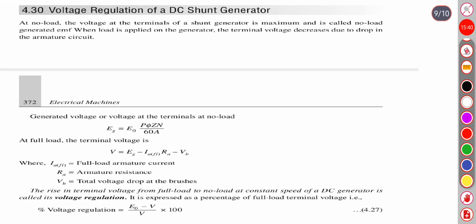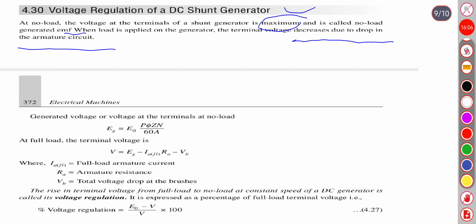Now we will see the voltage regulation of a DC shunt generator. At no load, the voltage at the terminal of the shunt generator is maximum and is called the no load generated EMF. When load is applied on the generator, the terminal voltage decreases due to the drop in the armature circuit.